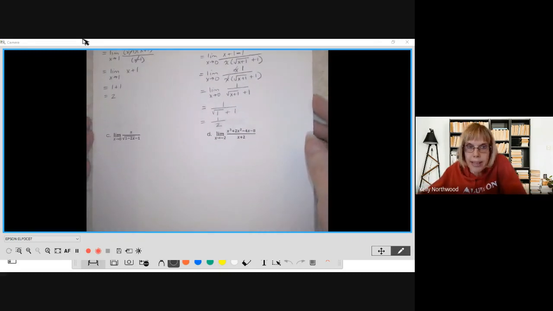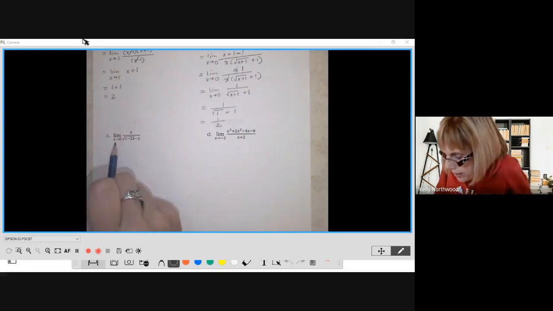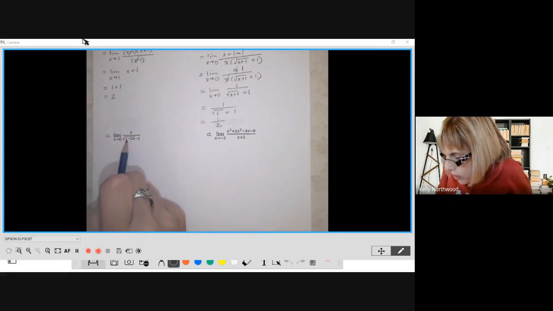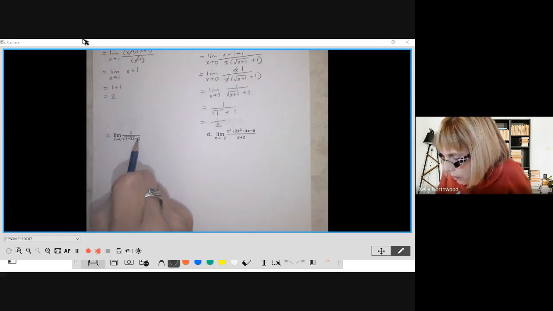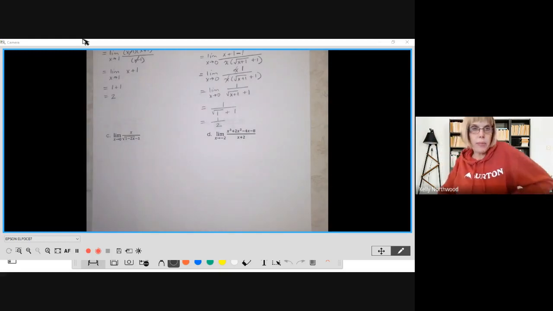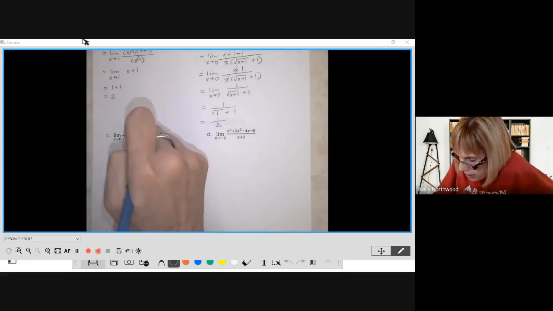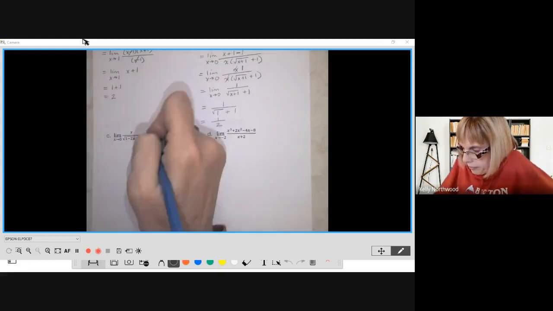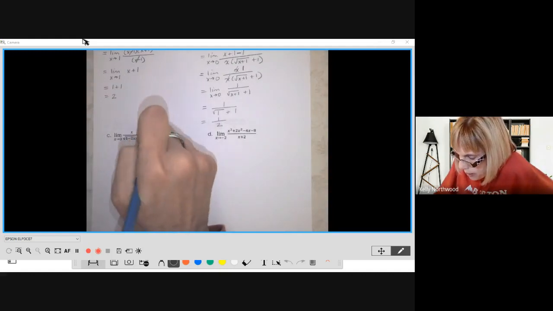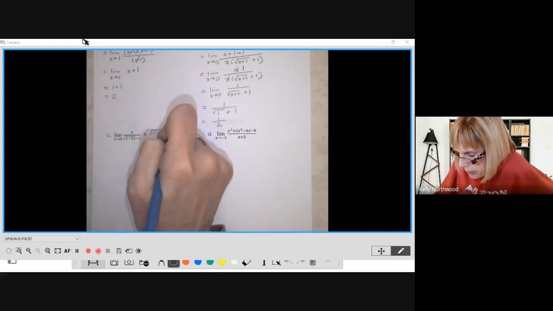Okay, C. So let's test out if x approaches 0, the bottom's going to approach the square root of 1, which is 1, minus 1, which is 0. So I can't let x approach 0. So this is another conjugate one. This time the conjugate's going to be the root of 1 minus 2x, plus 1.